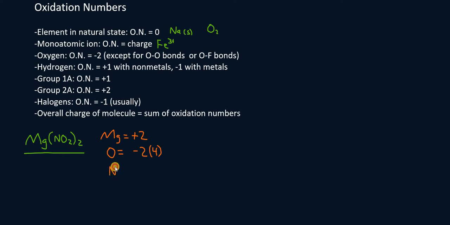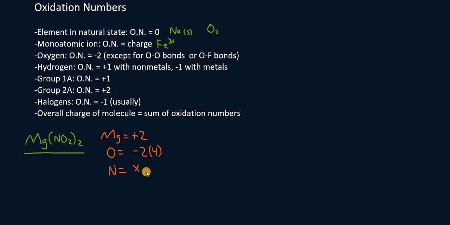So for nitrogen, which is the last element we have in this compound, we don't know. Nitrogen isn't in our rules, and nitrogen is ultimately going to be the one we solve for in this problem. So to solve for it, I'm just going to make it x. And we're going to set up a very simple algebraic equation and solve for x. But how many nitrogens do I have?